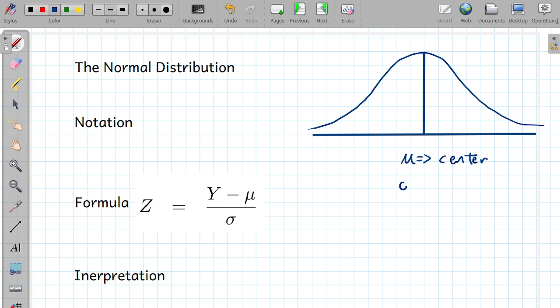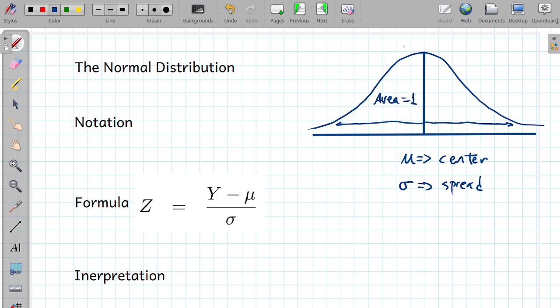We also have a spread, which is sigma. And that's also what's known as our standard deviation. So the spread is how wide this thing is. Okay, easy peasy, right? Now, remember, area is exactly 1.